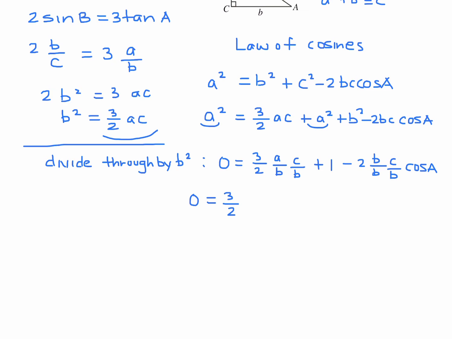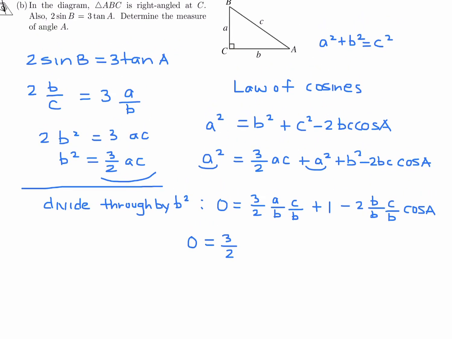A over B in this triangle right here is equivalent to the tan of A. C over B is equivalent to 1 over the cos of A, which is actually the perfect description for C over B. Then we've got this 1, then minus 2, the B over B just becomes 1, and then C over B, which again is 1 over cos A, and that's times cos A.